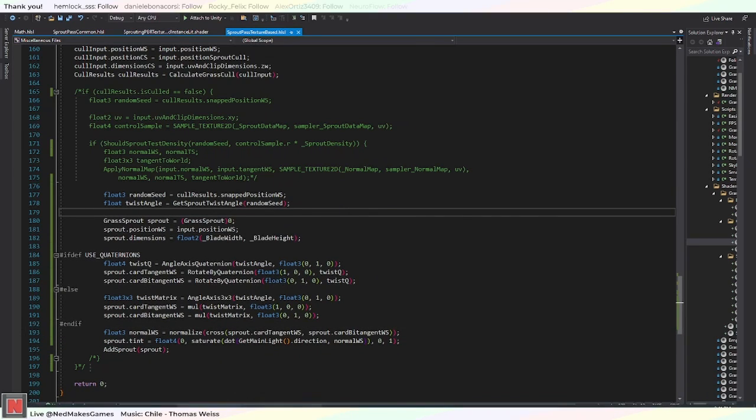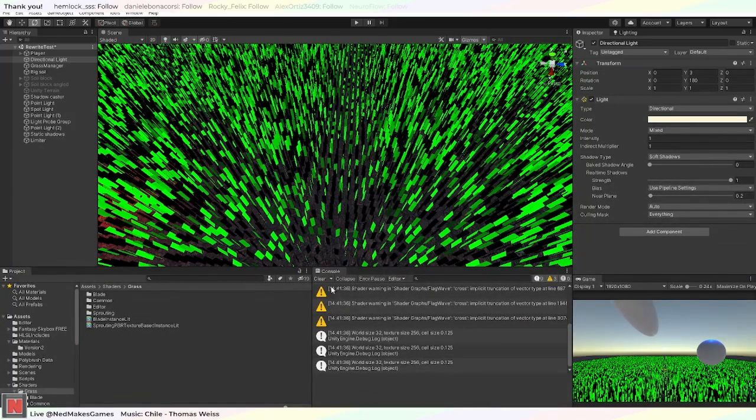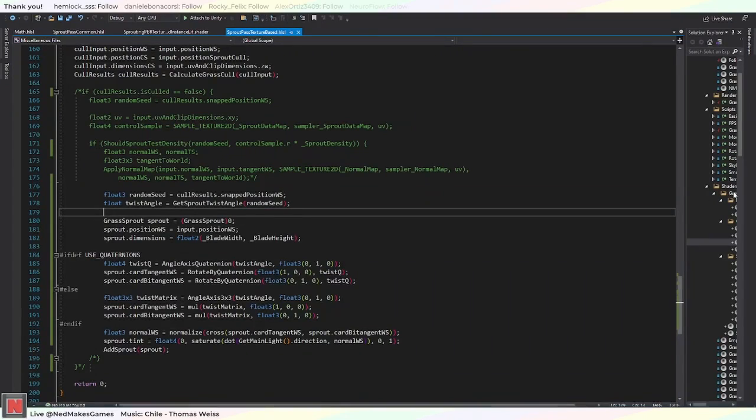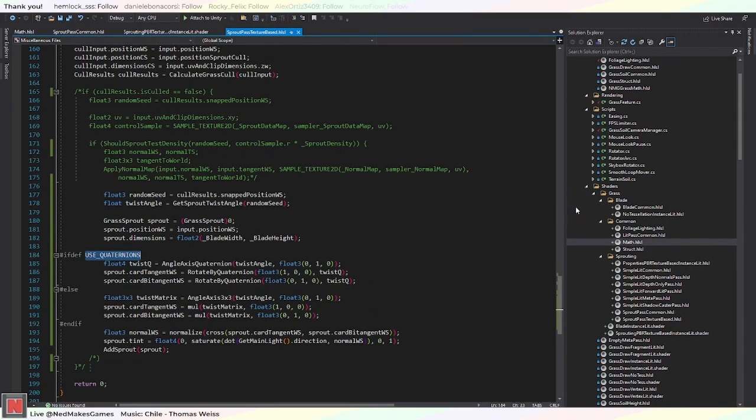Okay, so let's make sure I didn't break anything. And then in the shader, I need to just add a render feature for this and a toggle property.